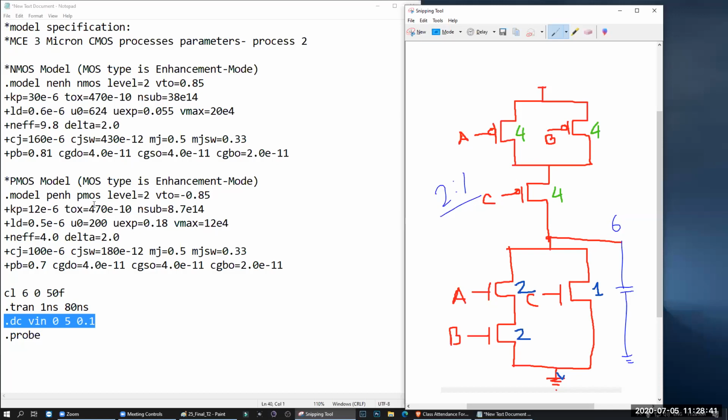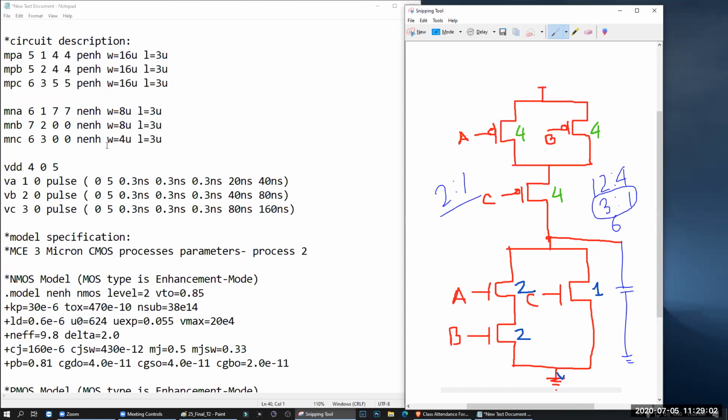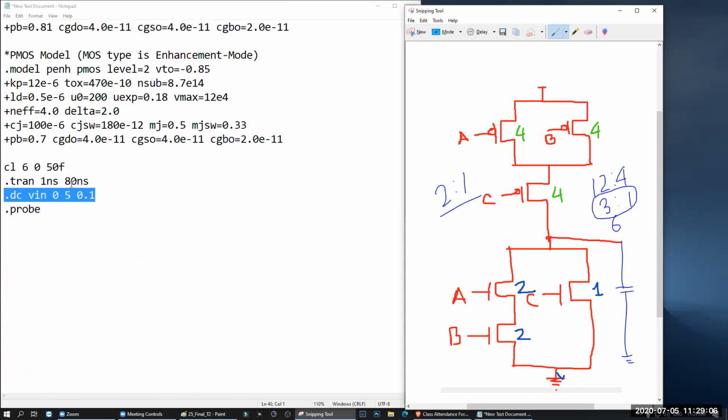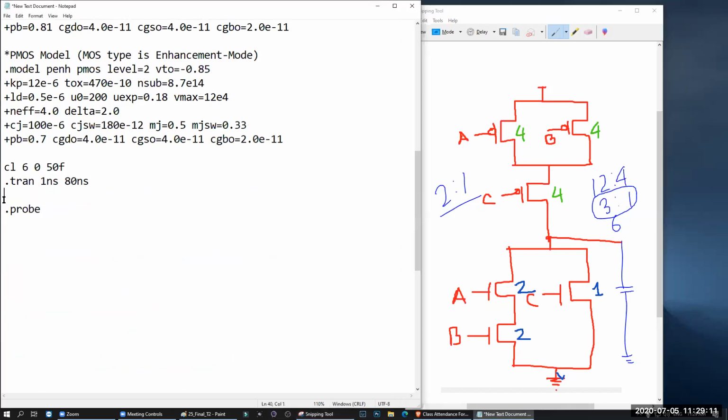Because in our first lab, we found it was 12:4. That means 3:1. So we should have done the math using 3:1. So I will be giving you the math for 3:1, and you will change those. Understand? Got my point? So DC analysis we do not need anymore, gone.